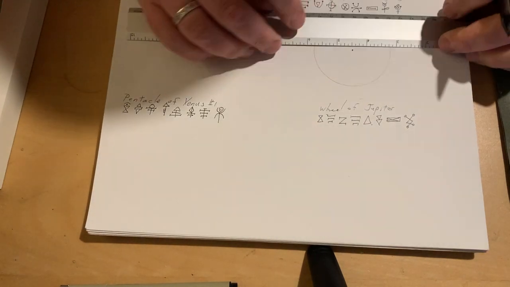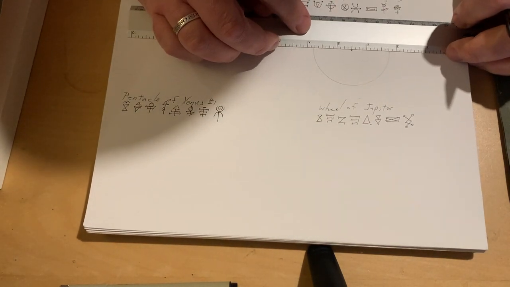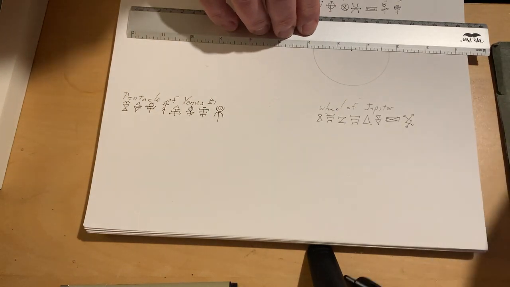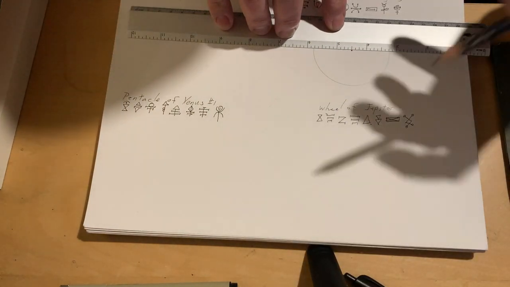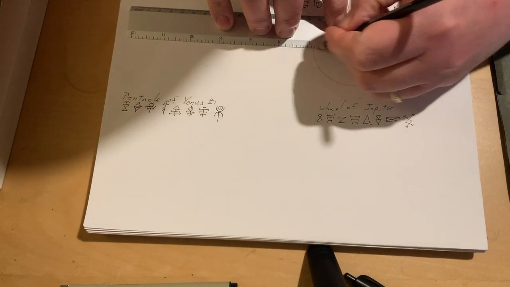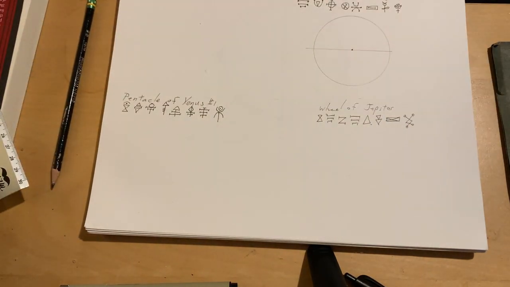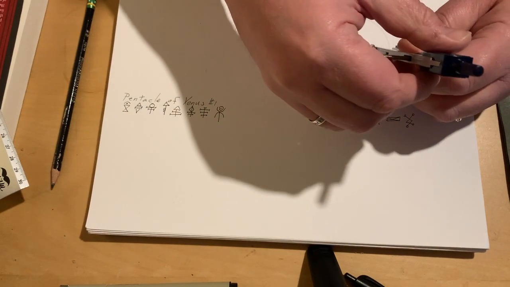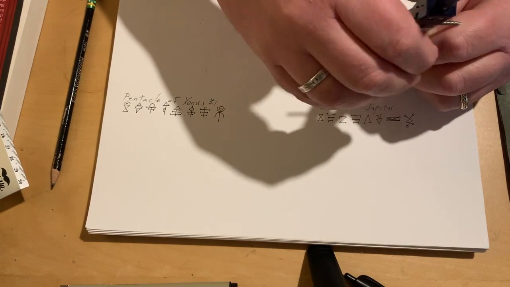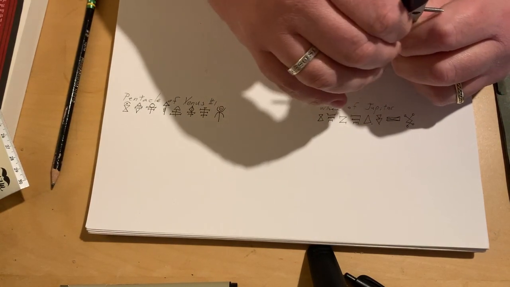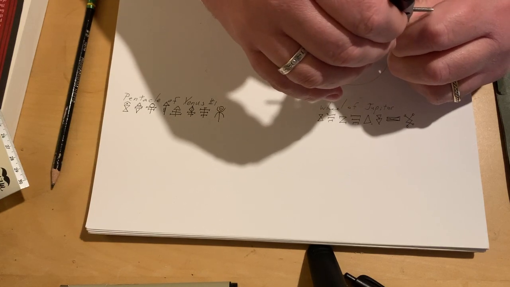So if I draw, and this is where I wish I really had a pencil. Here we go. Here's a pencil. There's my line through the center. I can then go through this same process for the pentacle of Mercury.